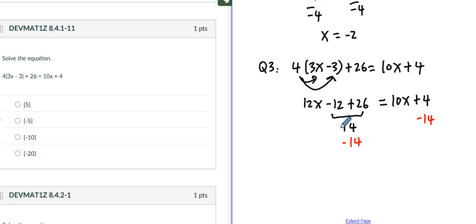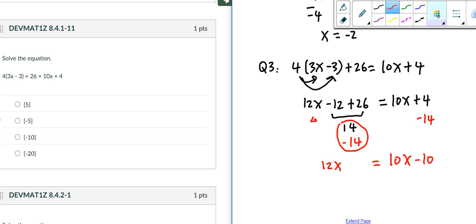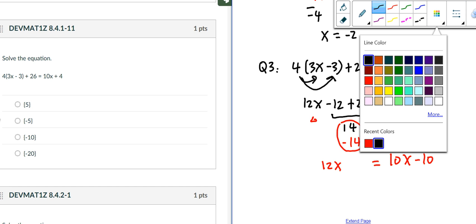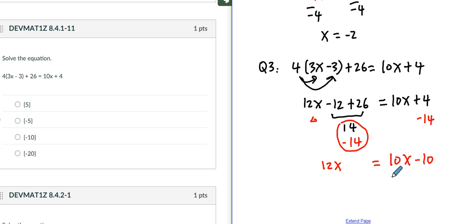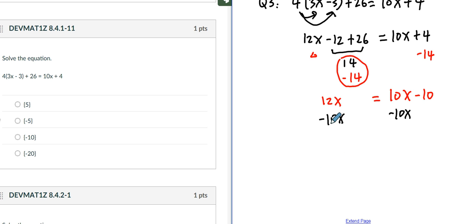So you may subtract 14 on both sides. Then those two cancel. On the left-hand side, you have 12x standing alone. On the right-hand side, you have 10x, and negative 14 plus positive 4 is negative 10. All right, isolate x, combine like terms, subtract 10x on both sides. 12 minus 10, you get 2x.